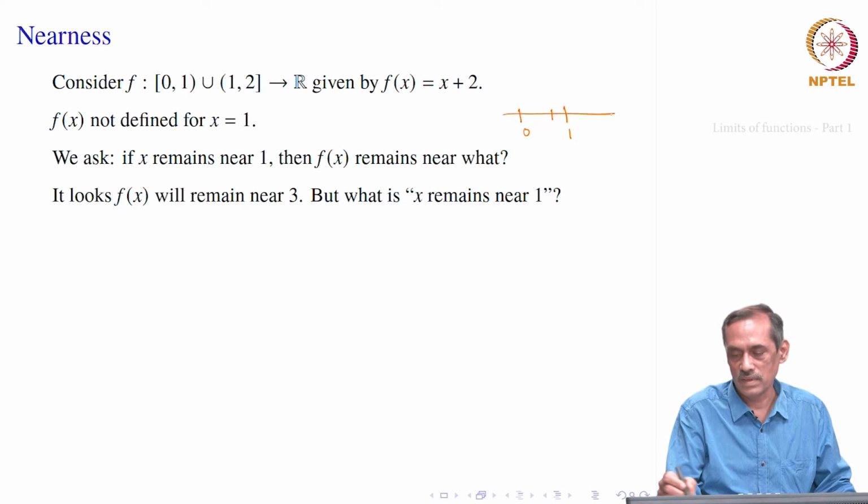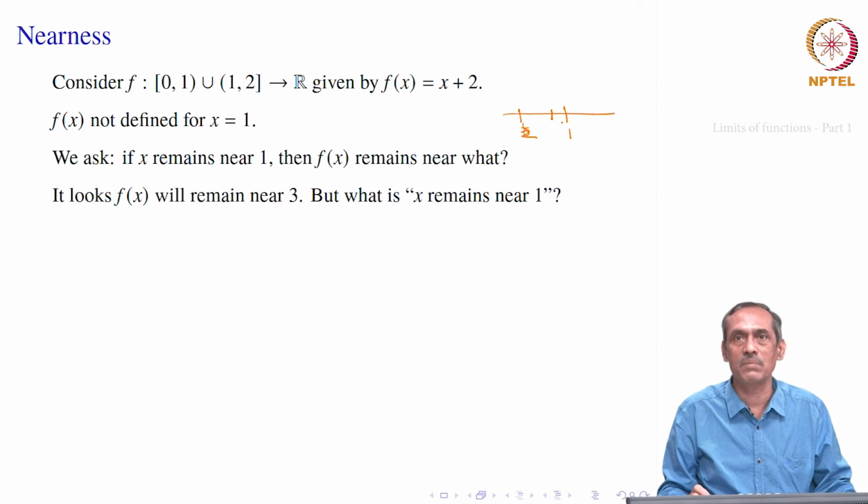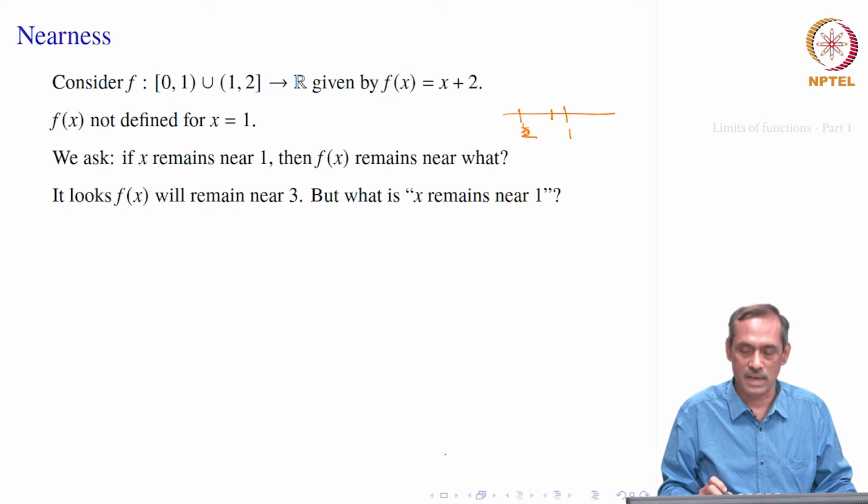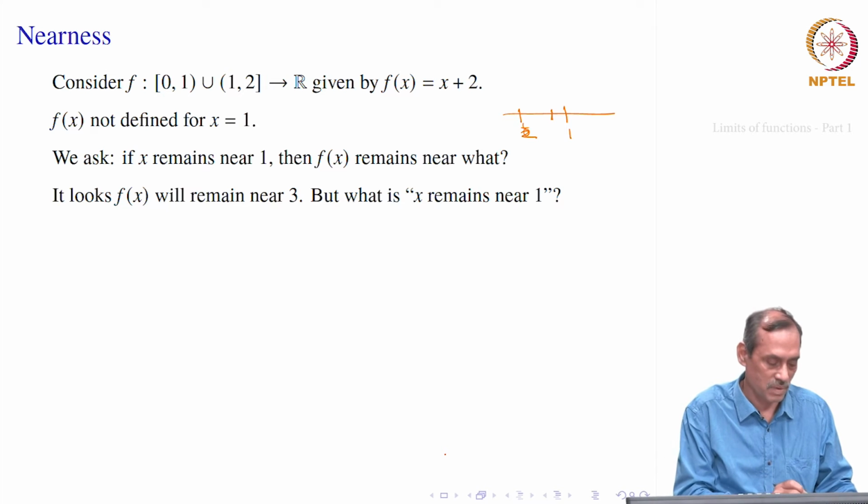But suppose I take a bigger scale, where this is 1 but this is not 0, it may be say half, twice that scale. Then the quantity which we thought near may no longer be near in whatever sense we have. So, what exactly do we mean by remaining near? This is what we should first formalize.